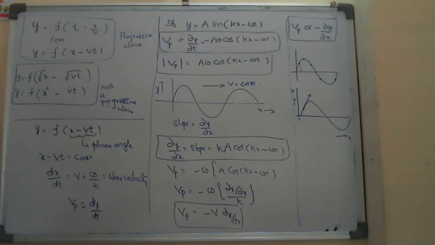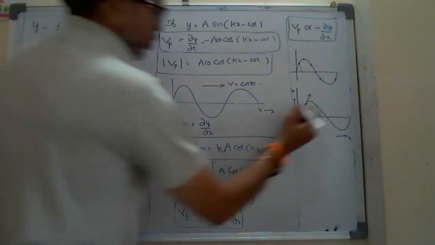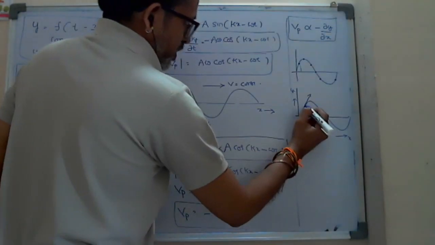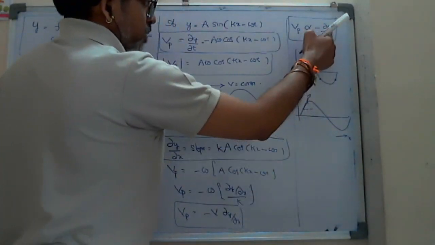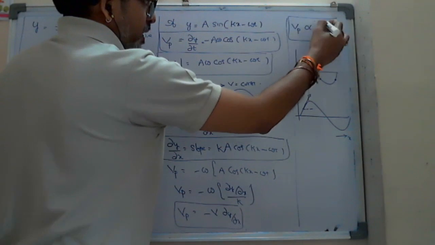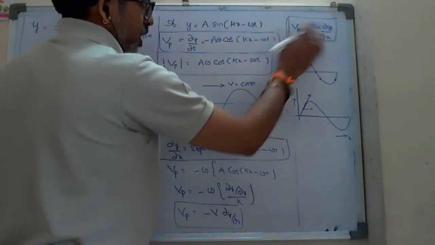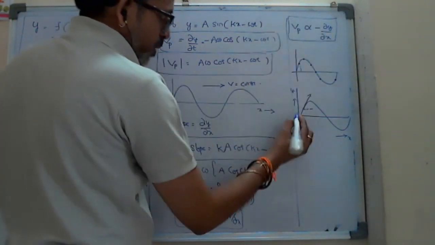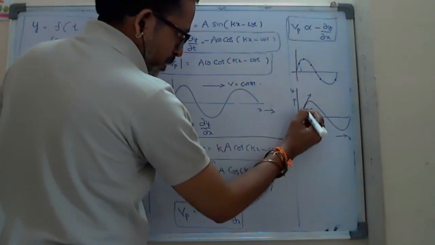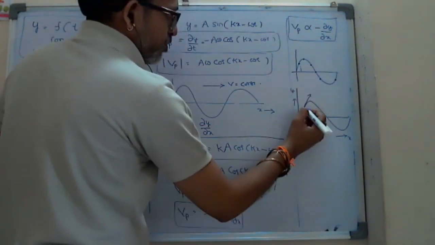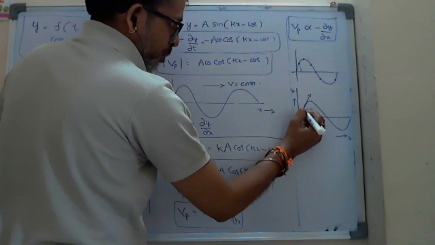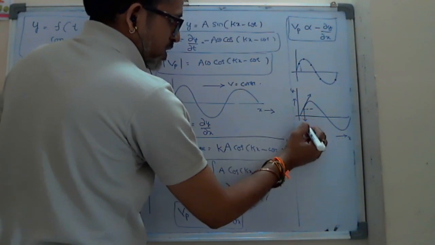Positive slope, sir. Good. So here the slope is positive. Slope is positive means the velocity of the particle should be negative, because both are in opposite directions. The velocity of the particle being negative means the particle moves towards the negative y-axis. This will be the direction of the velocity of the particle.